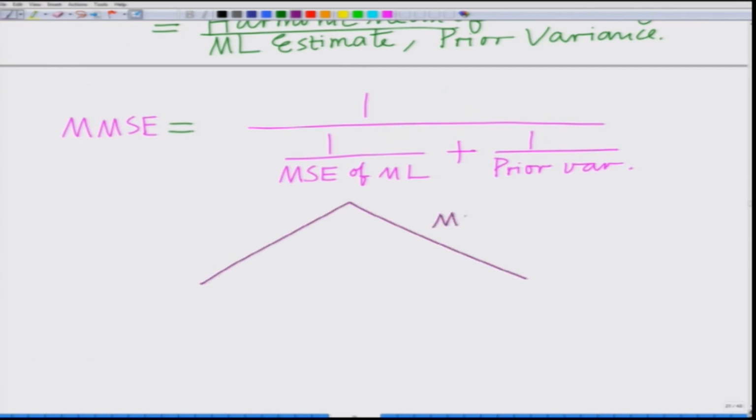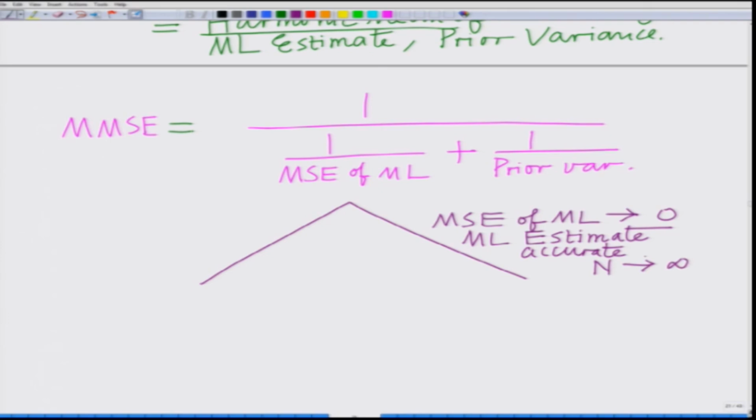So, you can have two cases. First, when the MSE of the ML estimate tends to 0, that is, the ML estimate is very accurate, and this happens when n, the number of observations, tends to infinity, the MMSE approximately tends to the MSE of ML estimation.